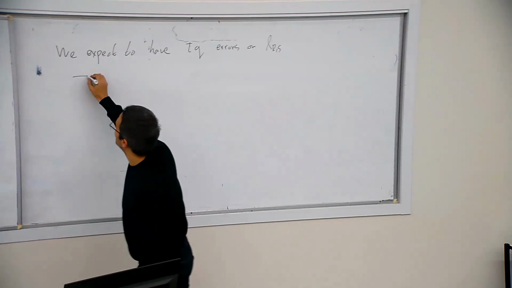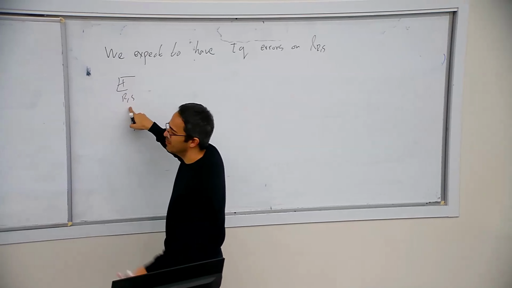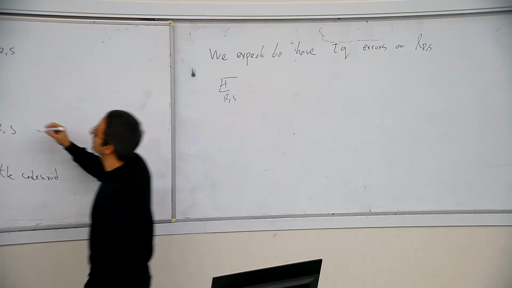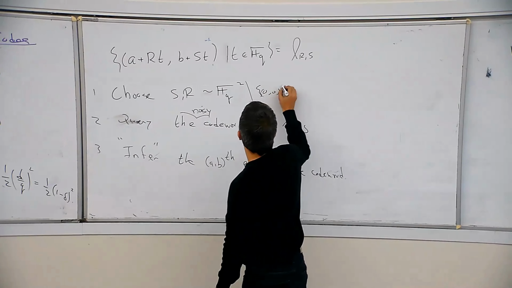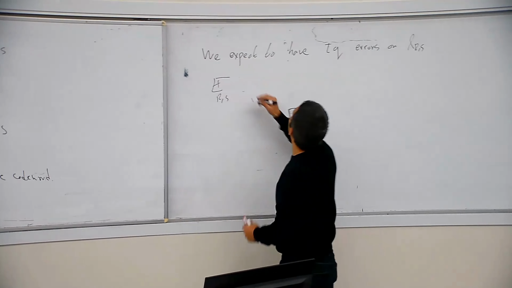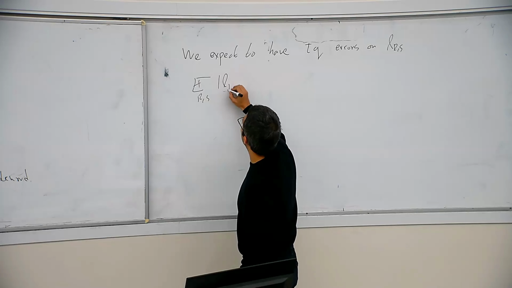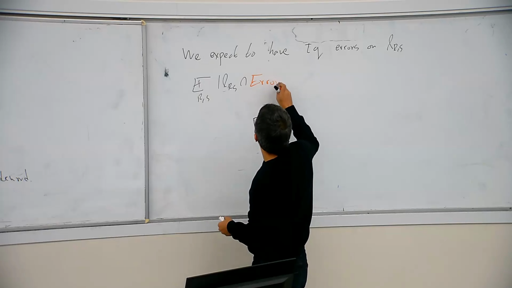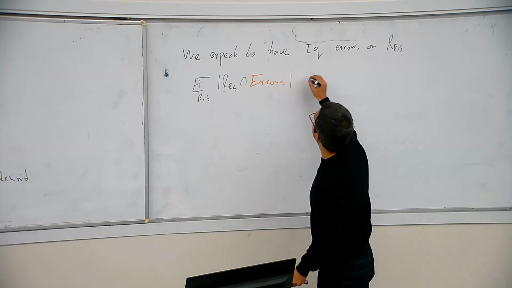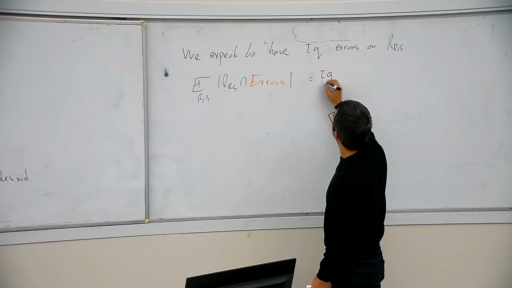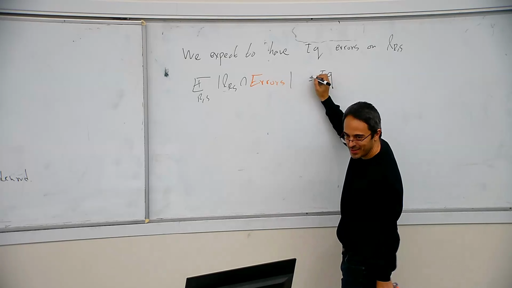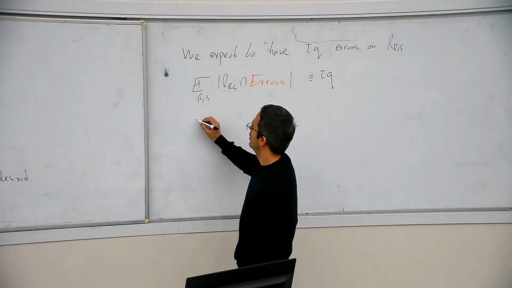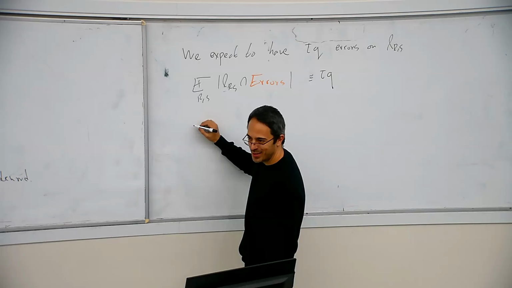So really what you know is that the expectation of the size of the line intersection with this bad set of errors is roughly tau Q. Maybe you can do 2 tau Q if you care, but it doesn't really matter. But I don't want just that. I want to bound the number of errors. So what can I do?